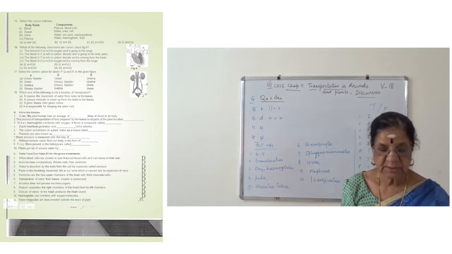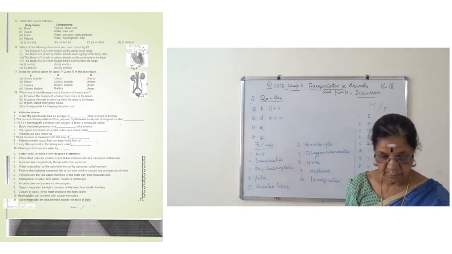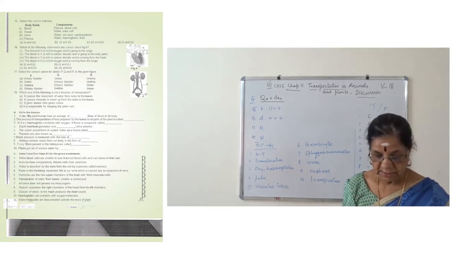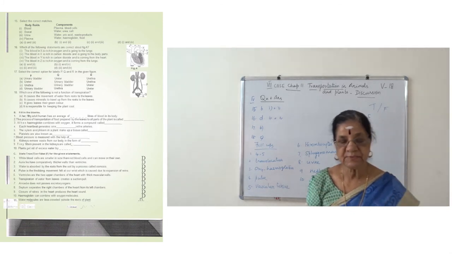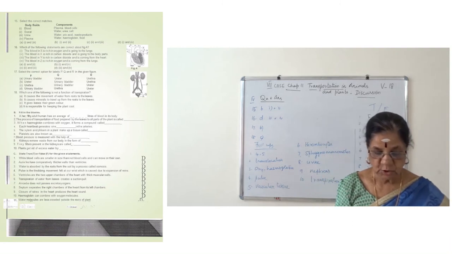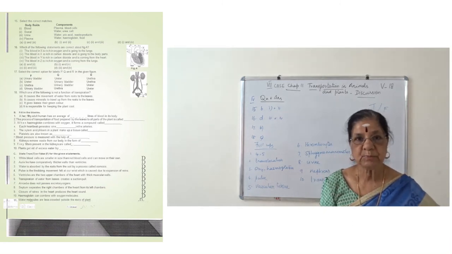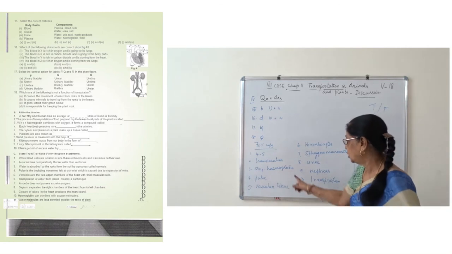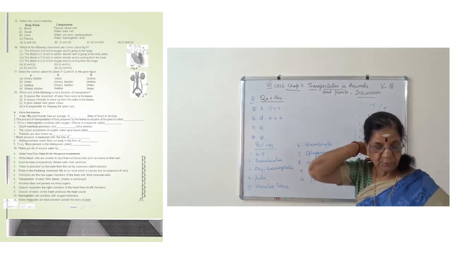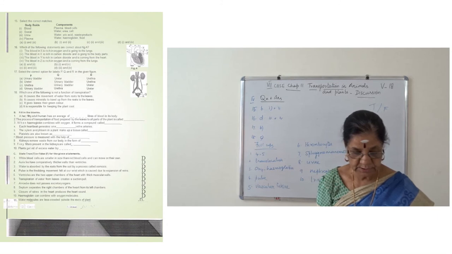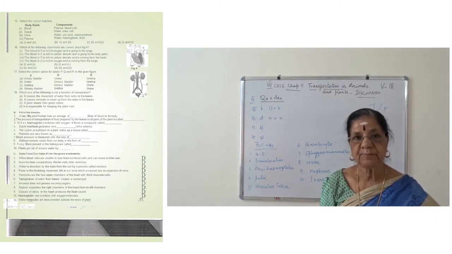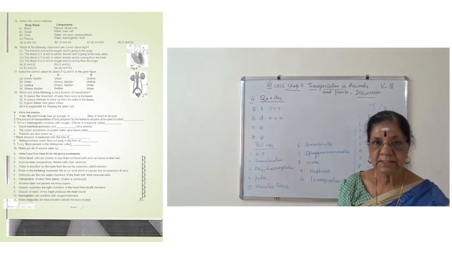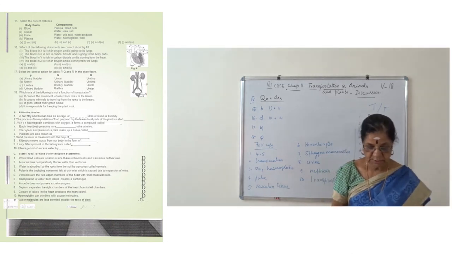Then when hemoglobin combines with oxygen, it forms a compound called oxyhemoglobin. Answer is oxyhemoglobin. Then fourth one, each heartbeat generates one pulse in the artery.